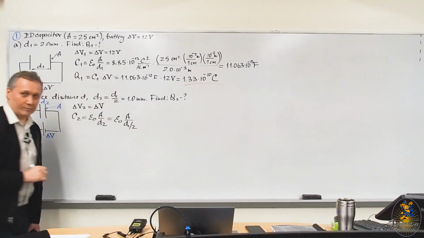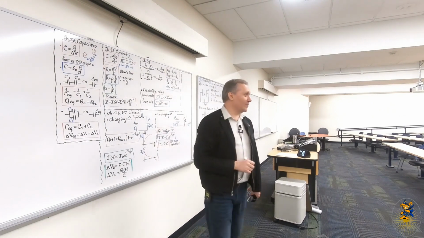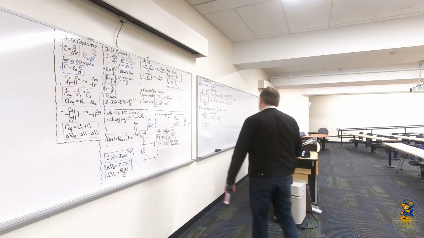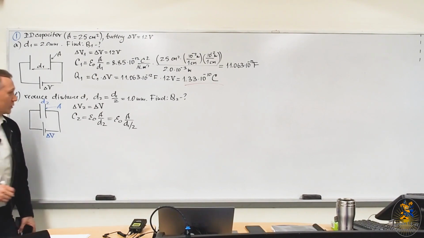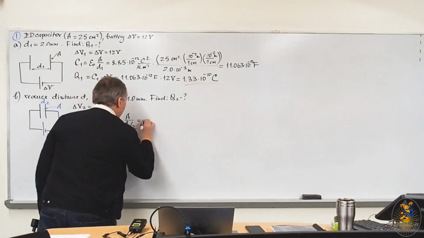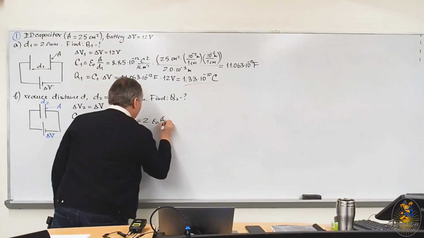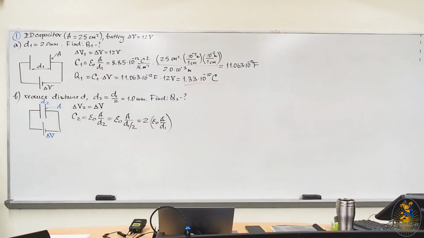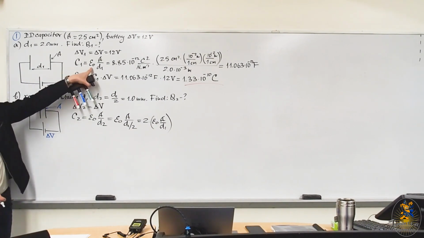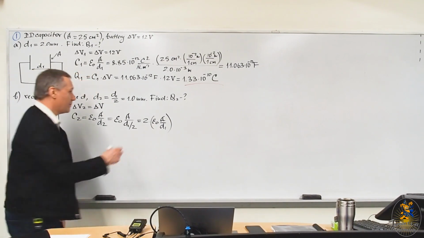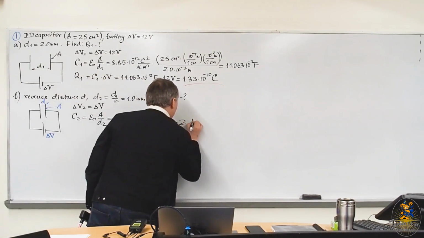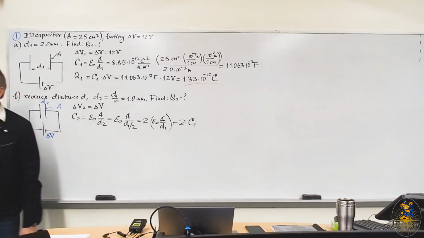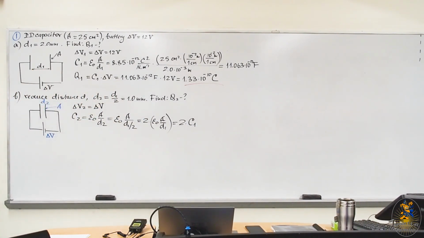D1 divided by 2. I want to recycle my previous numbers, right? So this 2 will go into the numerator, so it will be 2 times epsilon naught A divided by D1. And this construction in the parentheses is C1, right? It's our capacitance in part A, so I can recycle it. So 2 times C1. And even now, I still don't want to calculate it, because it's not the final result which we want to get.